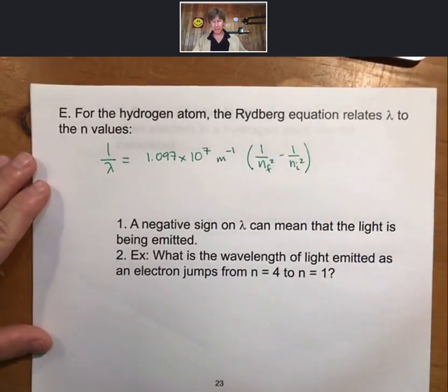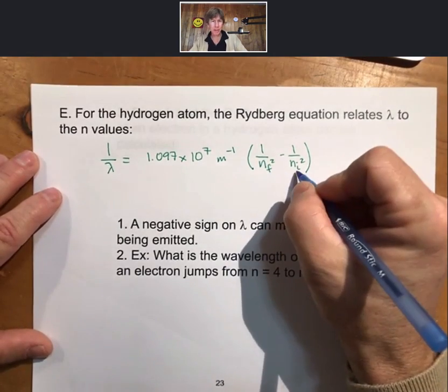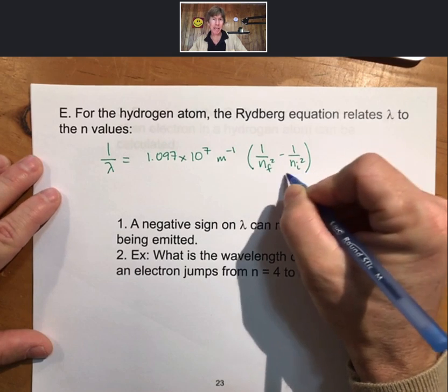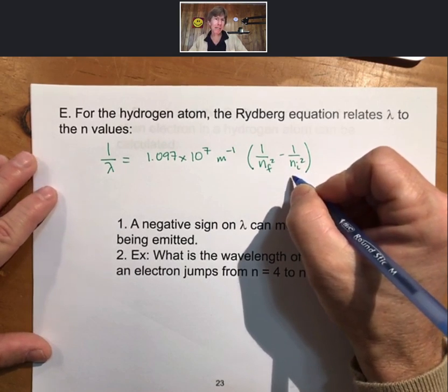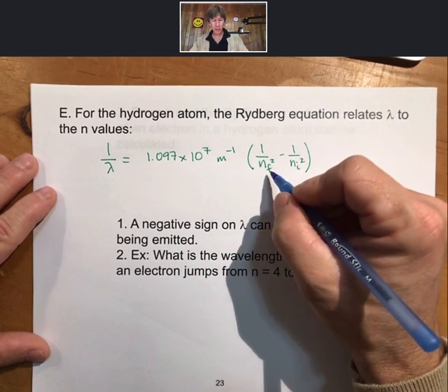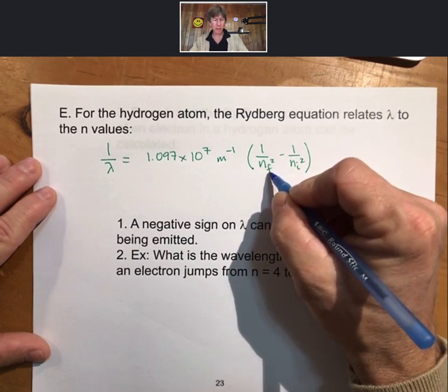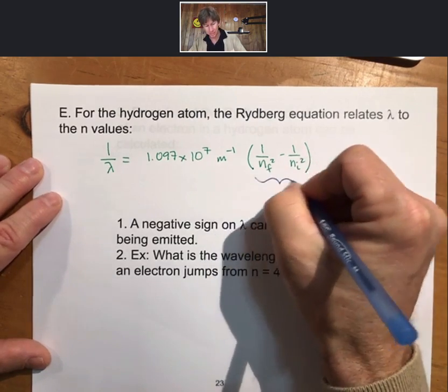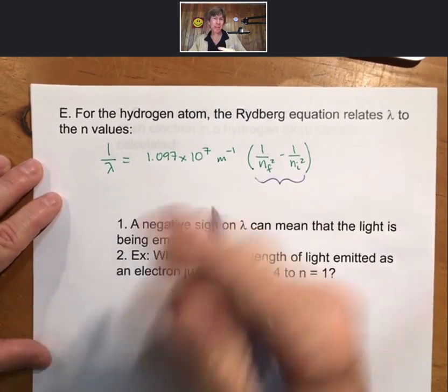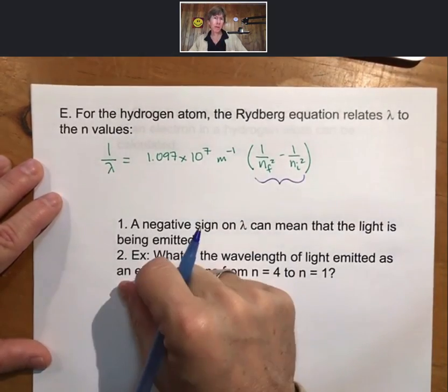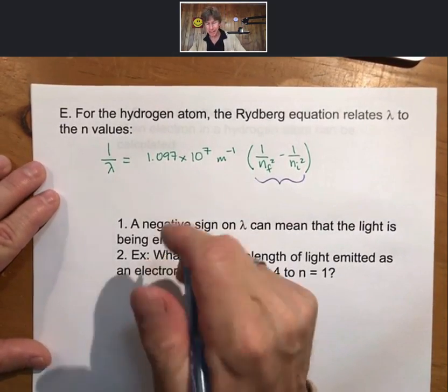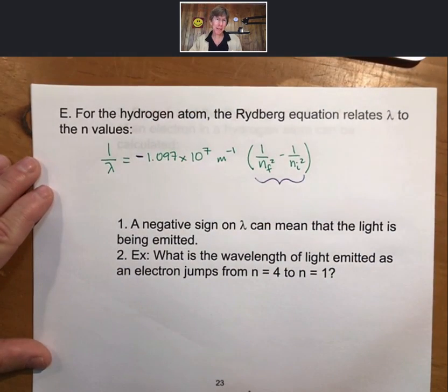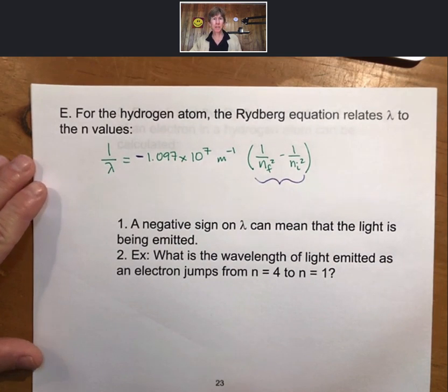And a couple things about this. First off, when Rydberg historically developed this, it was n equals 2 and n equals 1 here, so I am altering this equation a little bit to make it more in line with my class, where the final and the initial state, we always go from final to initial, or final minus initial. So this part is specific to my class, and to keep it more in line with the material in my class. And I also add a minus sign here. That minus sign is going to be in line with what we talked about energy.